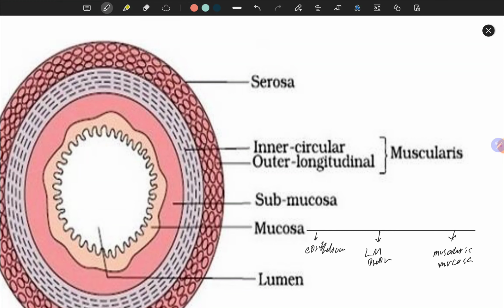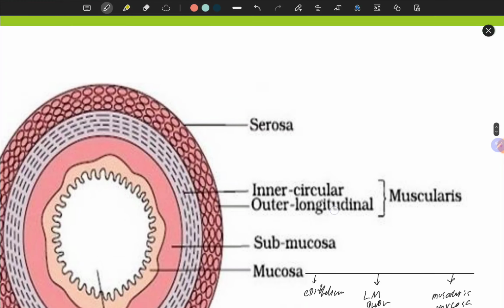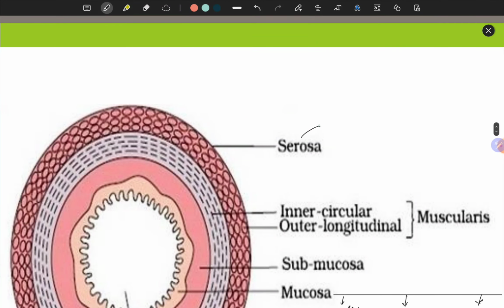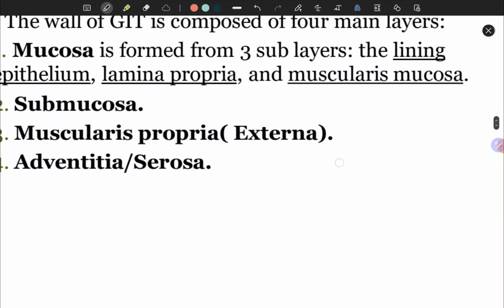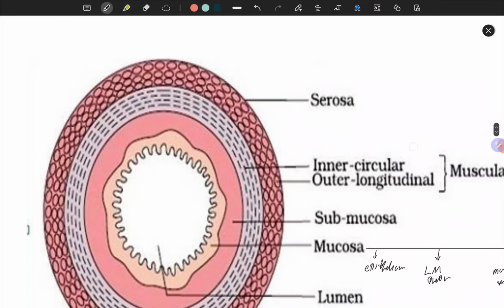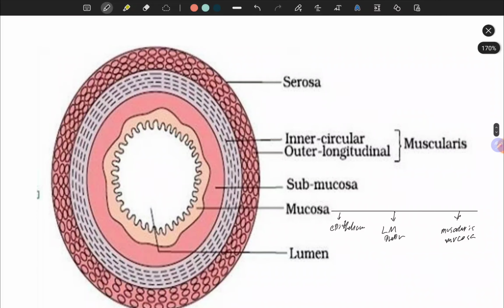And lastly, we have the serosa or adventitia. It is again a connective tissue layer, a dense irregular connective tissue layer. Sometimes, in some parts, it is covered by an extra layer of mesothelial cells, or simple squamous cells, which is called mesothelium.